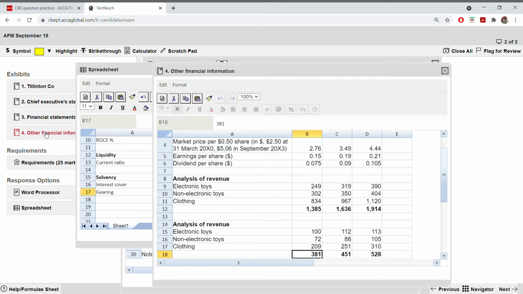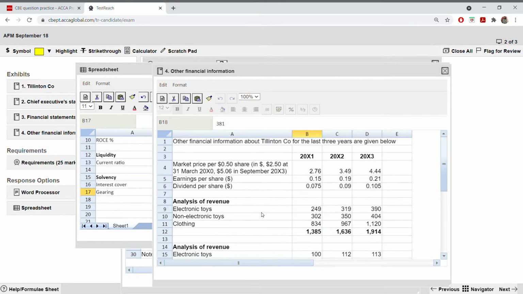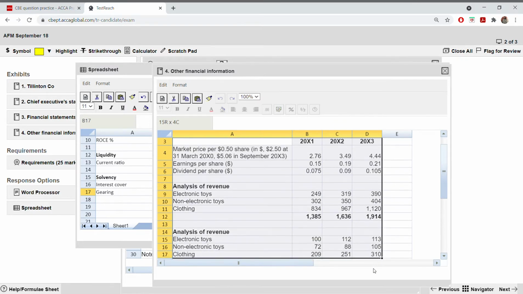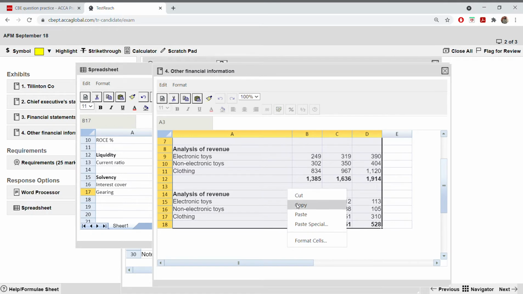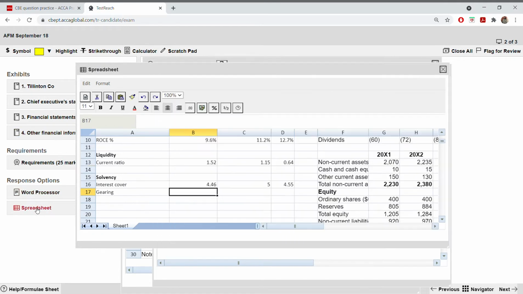Just wait a minute. Since we are taking the market value, we have to take the share price and all those things. Make sure this other information is also copy pasted in this.